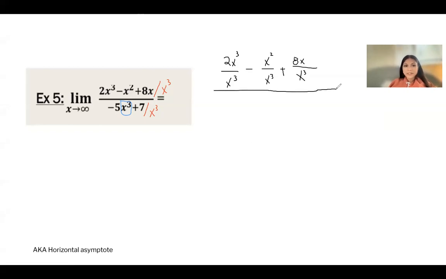So that's the top, right? Let's go ahead and take care of the bottom. We have -5x to the 3rd divided by x to the 3rd, then plus 7 all over x to the 3rd. And again, I like to be consistent that I'm saying this is equal to the limit as x approaches infinity.